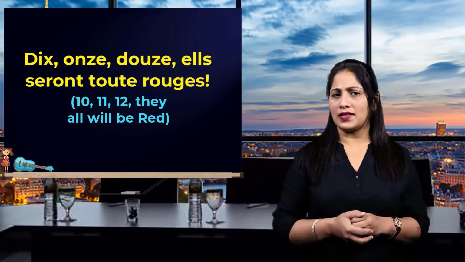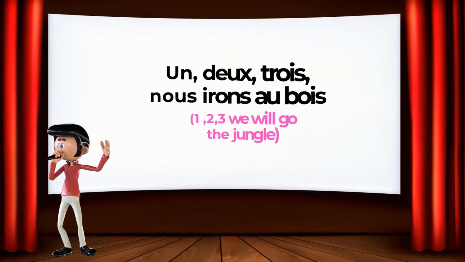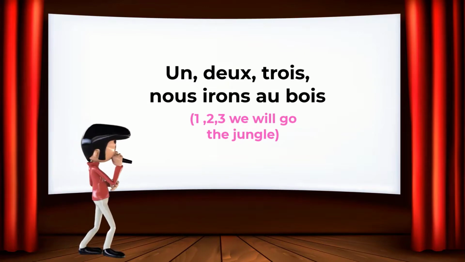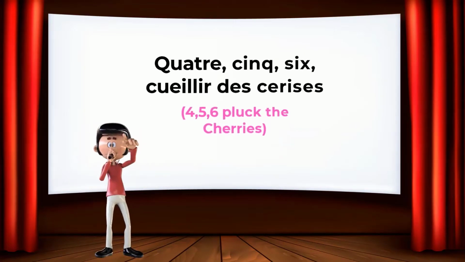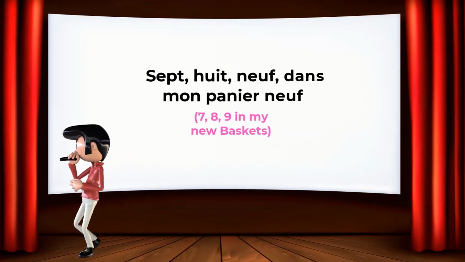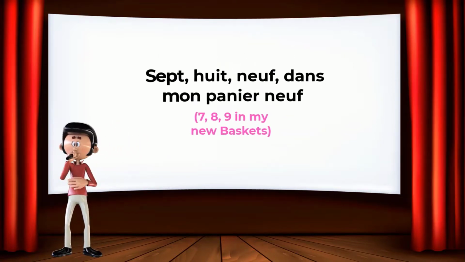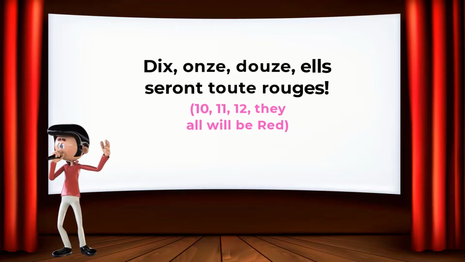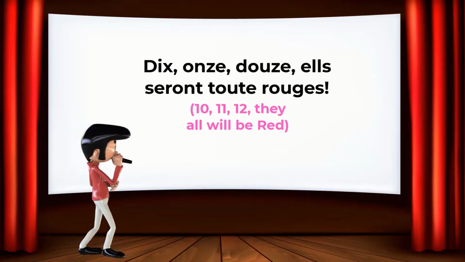So let us do it once again. 1, 2, 3, nous irons au bois. 4, 5, 6, cueillir des cerises. 7, 8, 9, dans mon panier neuf. 10, 11, 12, elles seront tout rouges.